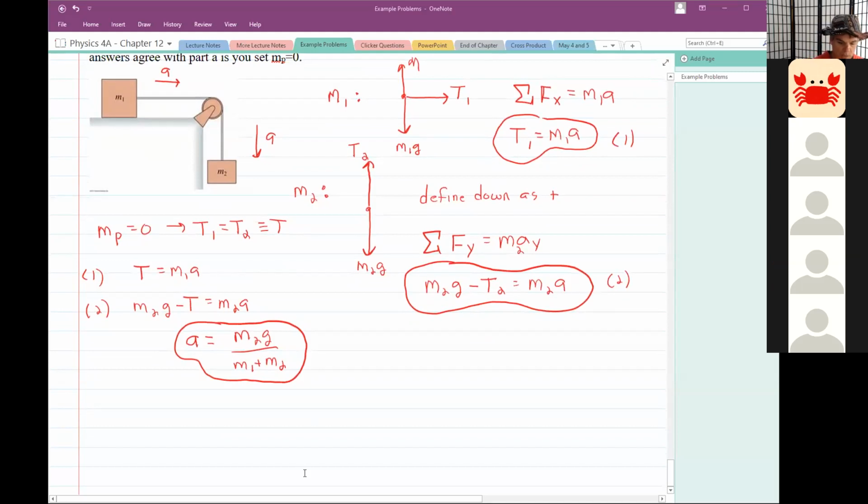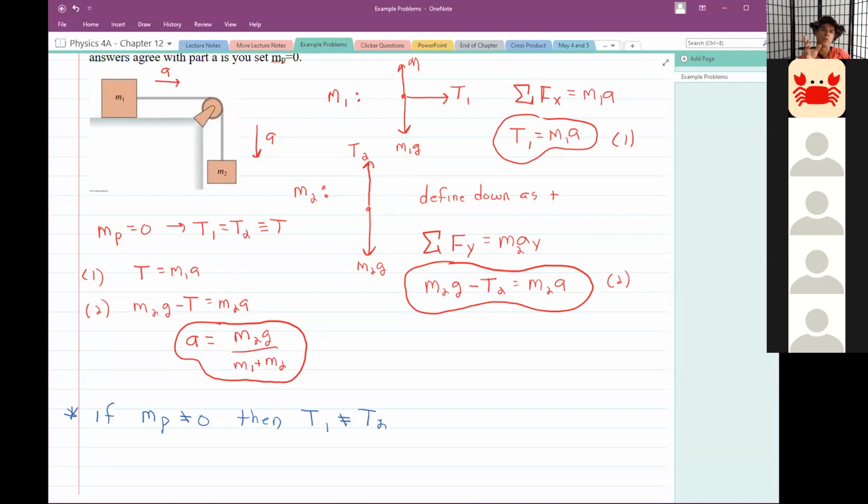So key point here: if the mass of the pulley is not equal to 0, then tension 1 is not going to be the same as tension 2. So now what I have is 3 unknowns.